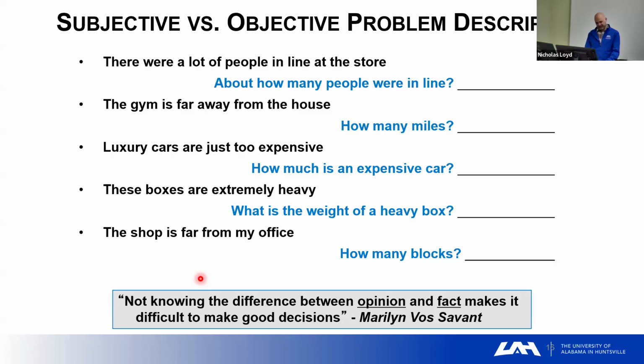The first statement says there were a lot of people in line at the store. So in your opinion, how many is a lot of people? If I say a lot of people are in line, about how many people would have to be in line for you to say it was a lot?